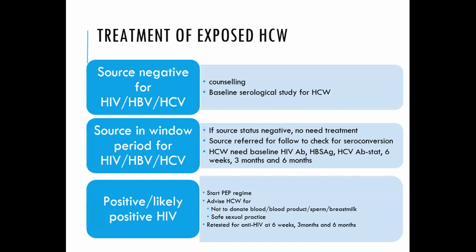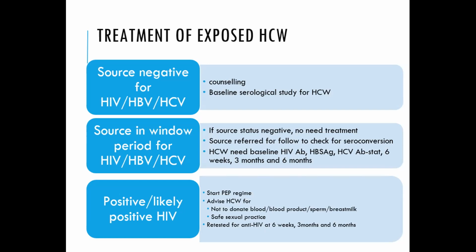The treatment is based on the source. If the source is negative, usually we just need to counsel and also do a baseline serological study for the healthcare worker. But if the source is in the reduced window period for HIV or hepatitis B, hepatitis C virus, and the source is negative, usually no treatment is needed.